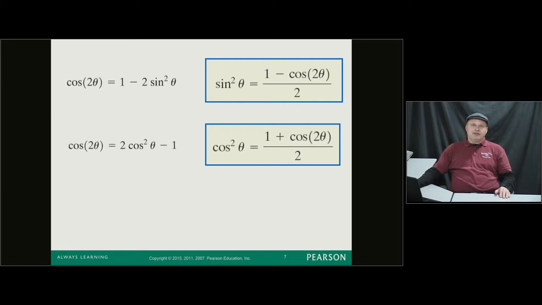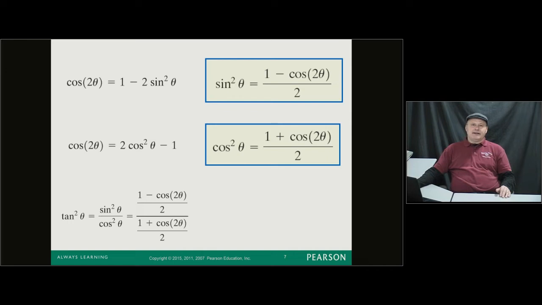So we have a power reducing formula for sine, and we have a power reducing formula for cosine. But the reasoning is the same as the reasoning above. Sometimes you might want to integrate the cosine squared. Easier to integrate what's on the right. Okay? Now, how about tangent?